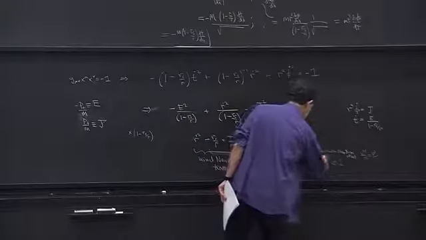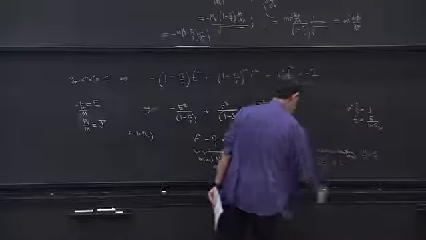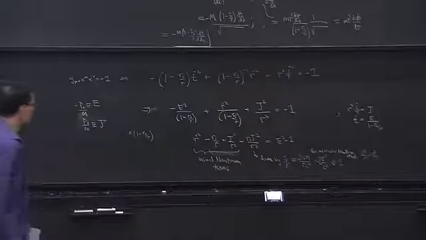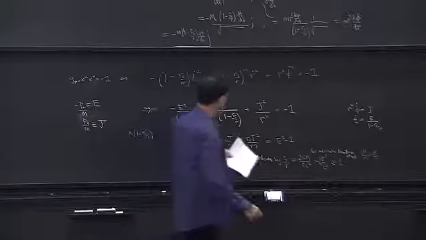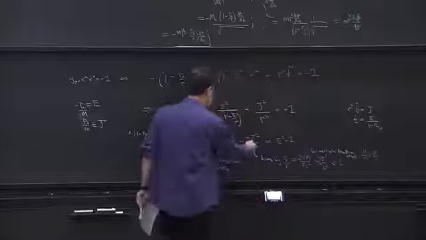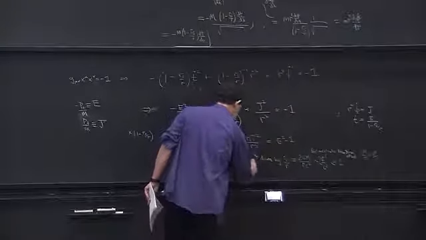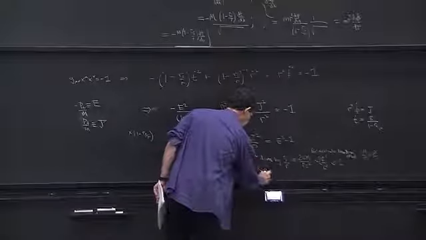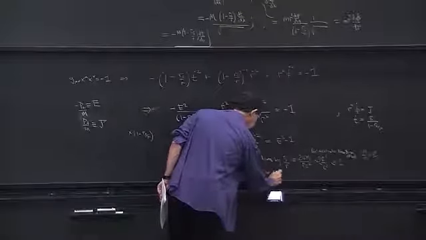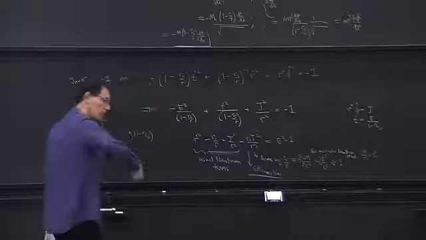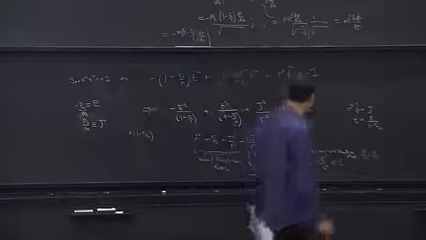So I guess there's a factor of 2. But if the planet is moving much less than the speed of light, this is certainly much less than 1. So here is the GR correction to Newton, which is small as long as the planet is moving slower than the speed of light.